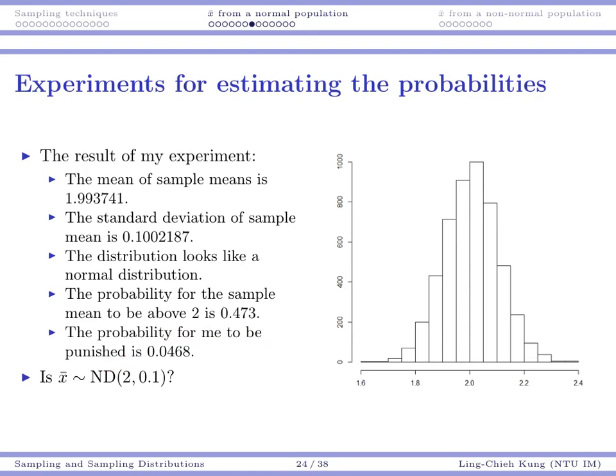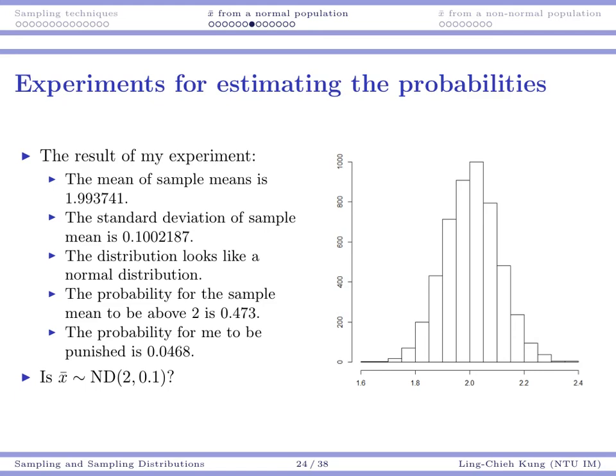So collecting these ideas, I get an intuition, or a conjecture, about the distribution of my sample mean. It looks normal. Its mean looks like around 2. Its standard deviation looks like 0.1. This is just a conjecture based on my experiments.